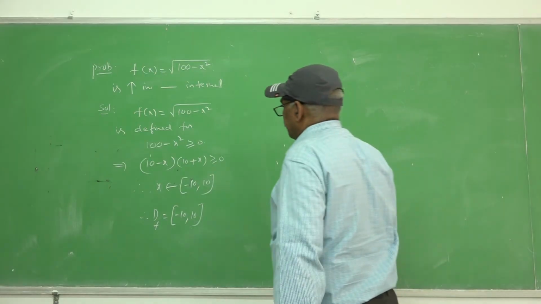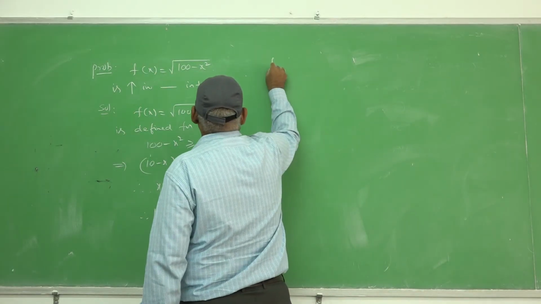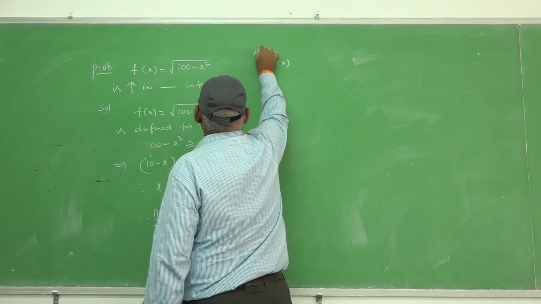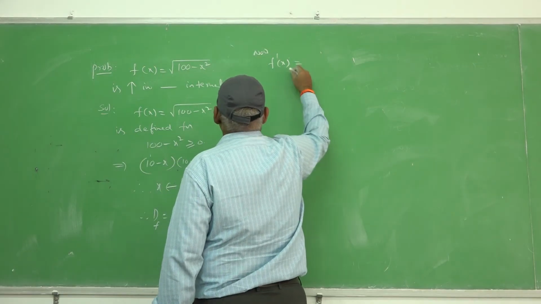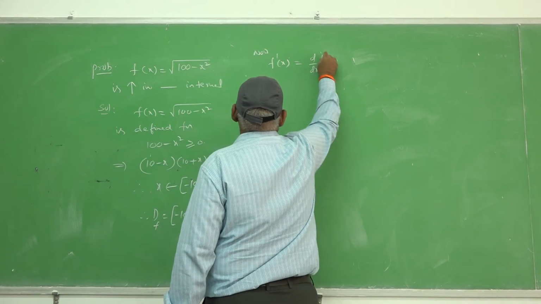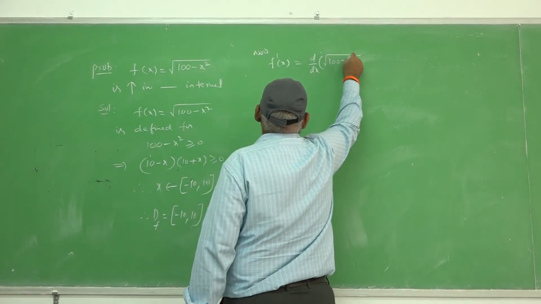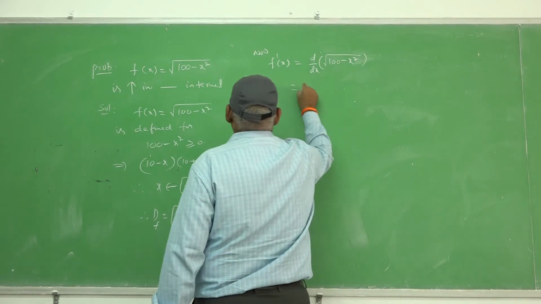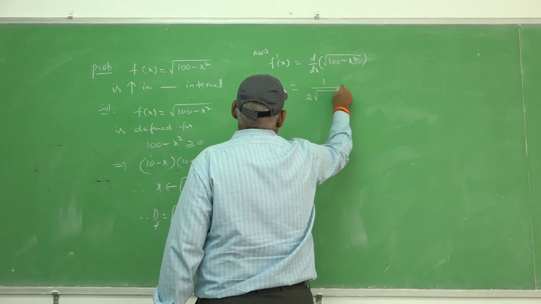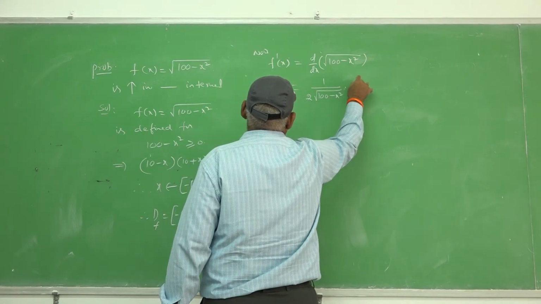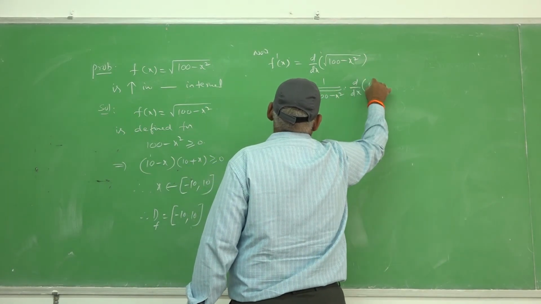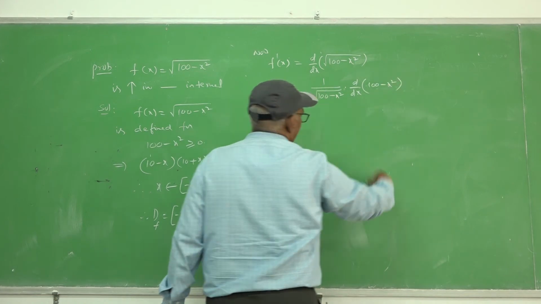Now coming to f dash x. F dash x is dy dx of root over 100 minus x square. This is 1 by 2 root of 100 minus x square into dy dx of 100 minus x square.